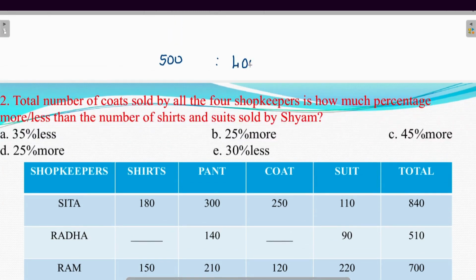If I do the ratio, that will be 5:4. 1 part more compared to 4, 25% more. One option is less, one option is more. So this is more than this. So the answer is 25% more.